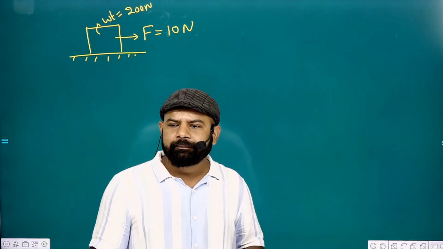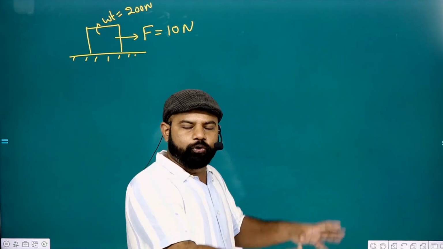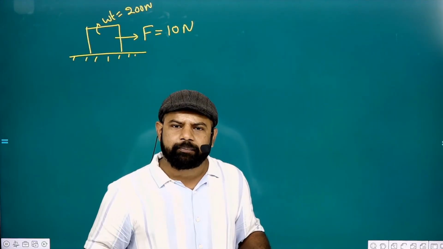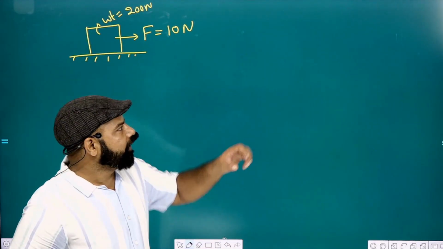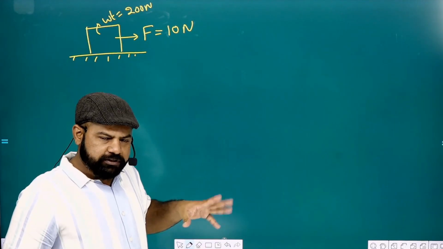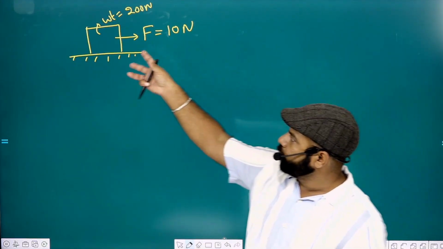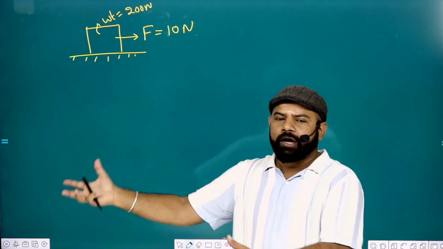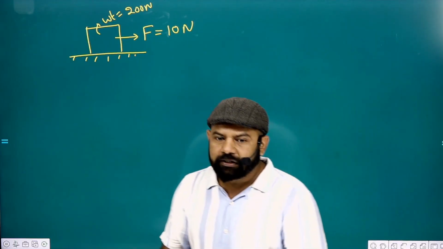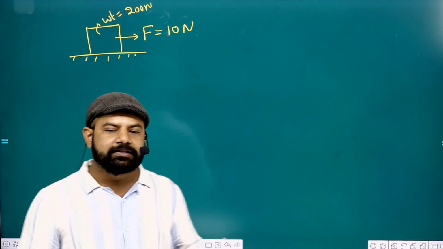Suppose we have a heavy block placed over the floor, and we are trying to pull that block towards us by applying a very small force. In that case, what will happen? Can we move this heavy block with some small force towards us? No. The answer is no. Why is this happening?